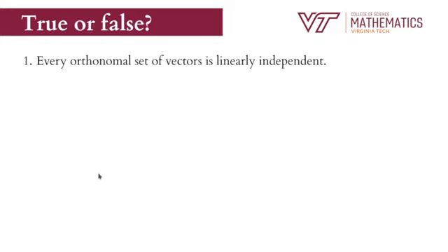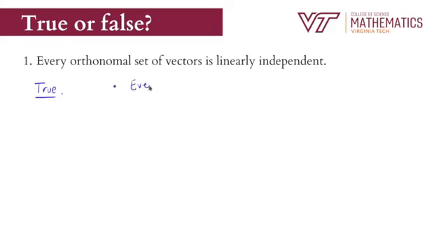So let's look at this true-false question. Every orthonormal set of vectors is linearly independent. If you want to think about this for a second, pause the video. This is true. We have a couple of facts here.